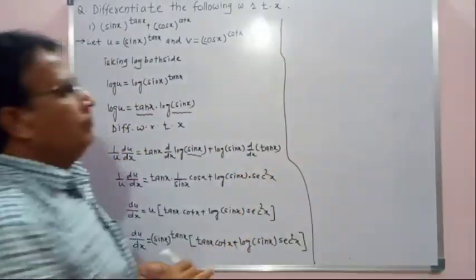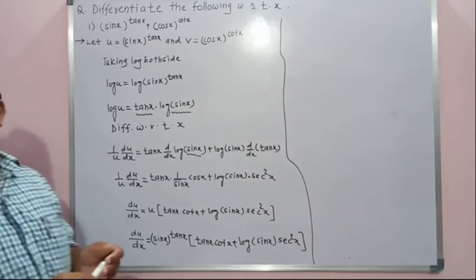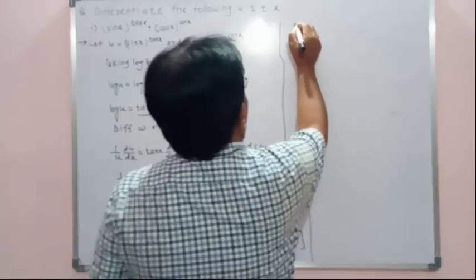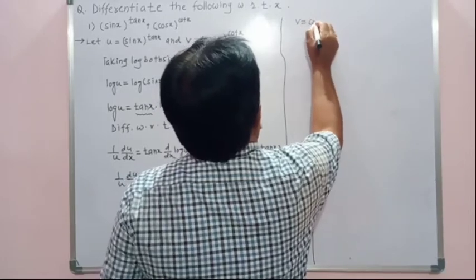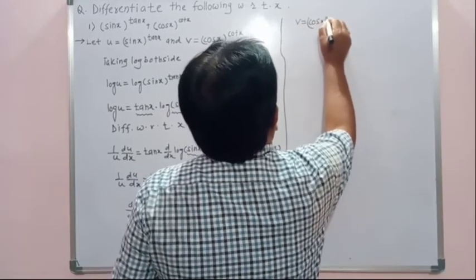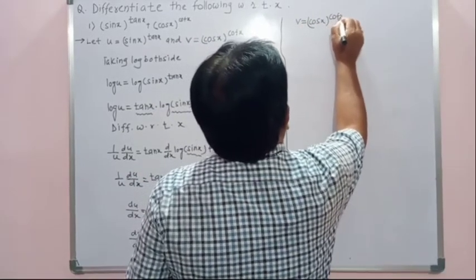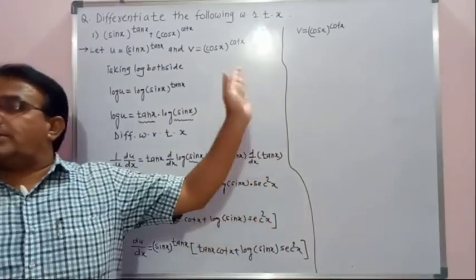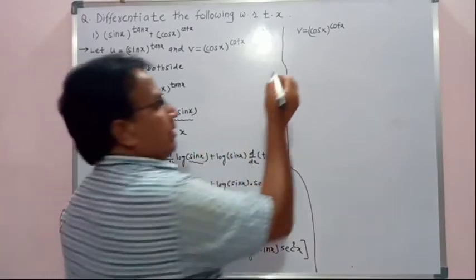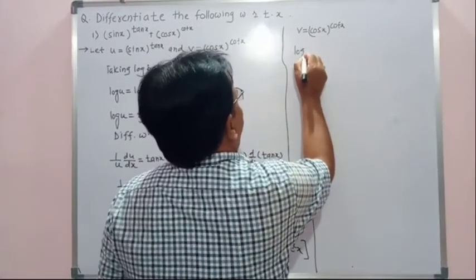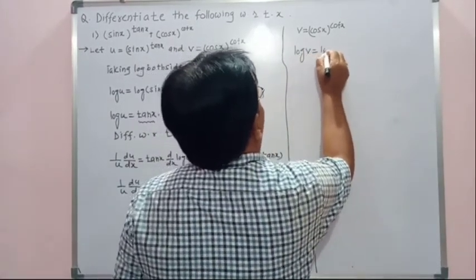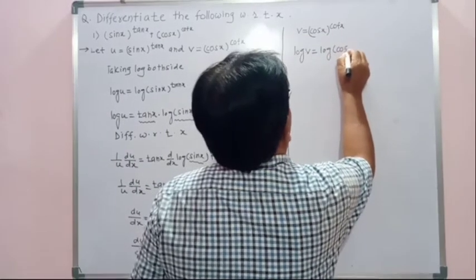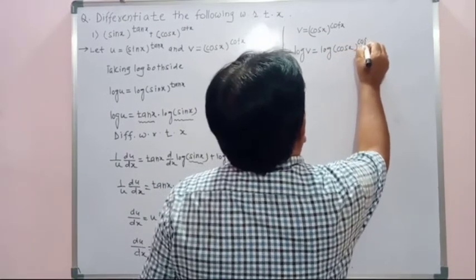Find the derivative of v. v equal to cos x raised to cot x, taking log both sides. Therefore log v equal to log of cos x raised to cot x.